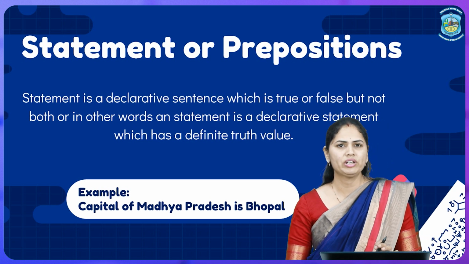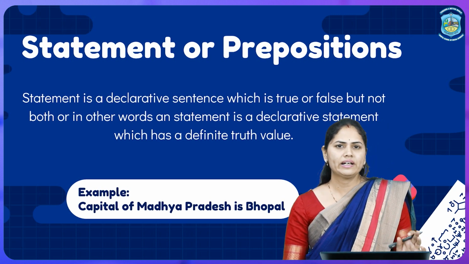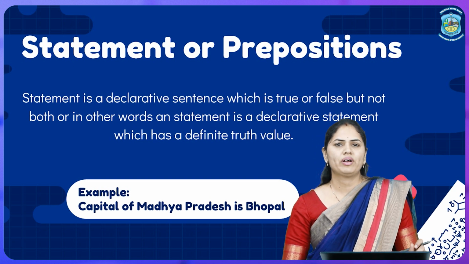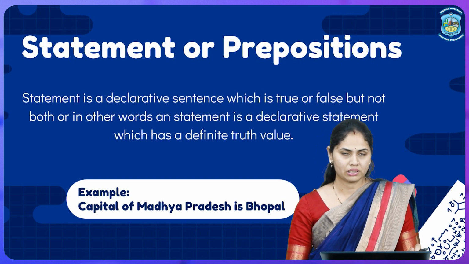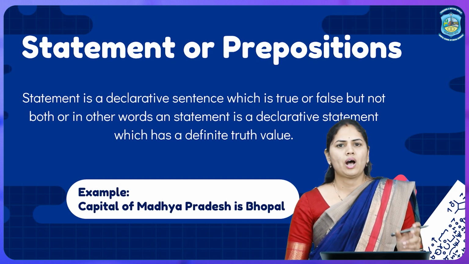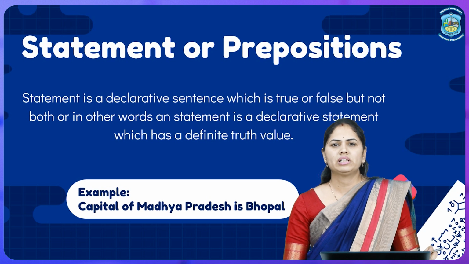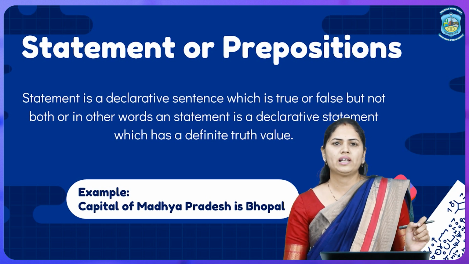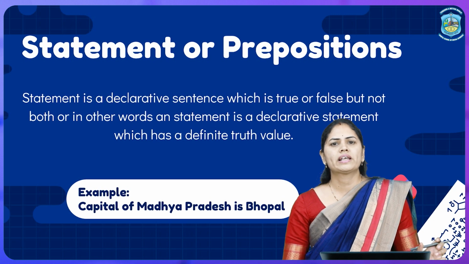In other words, a declarative statement which has a definite truth value. For example, capital of Madhya Pradesh is Bhopal. Now, if we check the validity of the statement, it is true. So, true is the truth value of this statement.